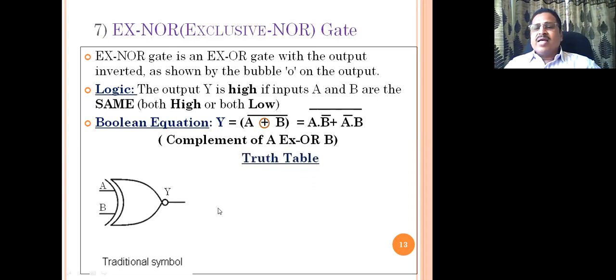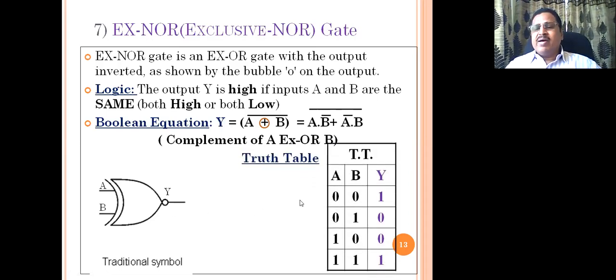The truth table for the XNOR gate with 2 inputs can be as A and B inputs, Y as an output. Output goes high if both inputs are the same, 0 0 and 1 1. So for 0 0 output high, 1 1 output 1. But if A and B are different, output will not be 1, it will be 0.